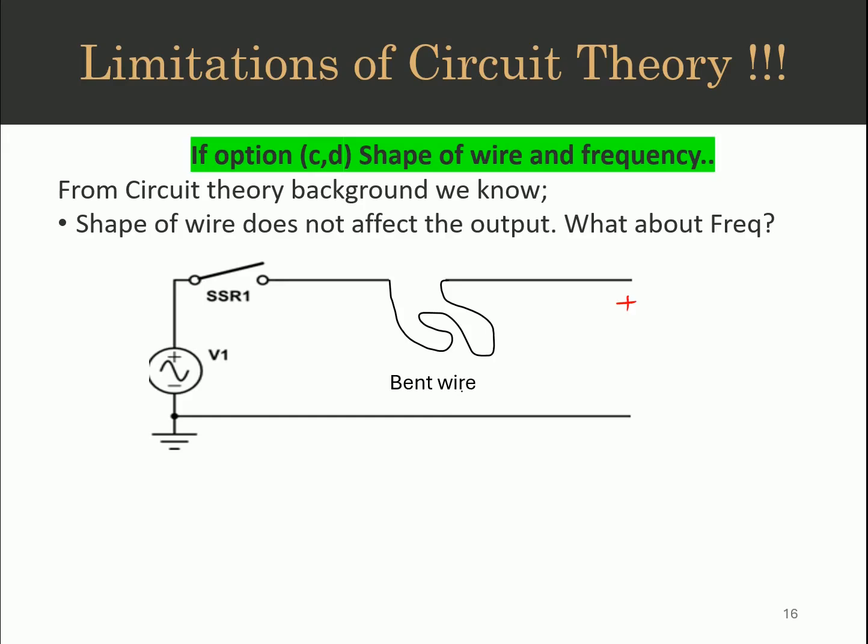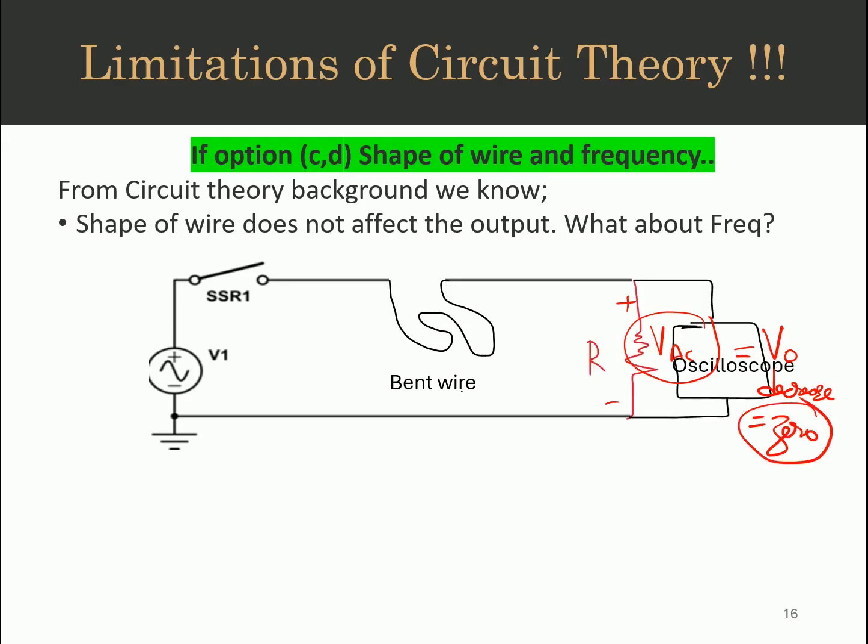We always get the output as the source voltage. But we know in practical scenarios, whenever the wire is increased in terms of its length, or if there is some deformation in the wire, the output voltage will not be the same. Rather, the output voltage might decrease, or it might become equal to 0.